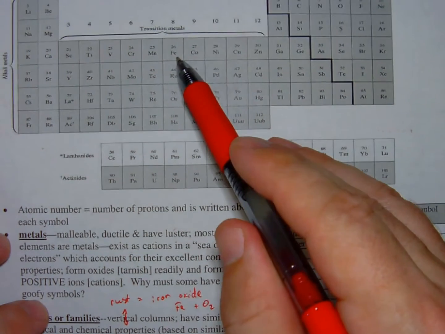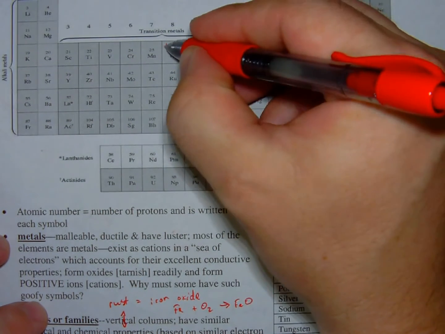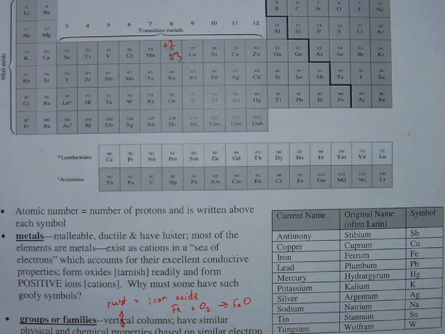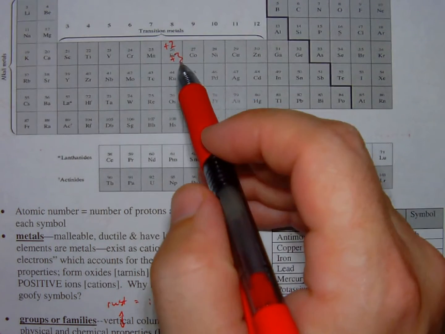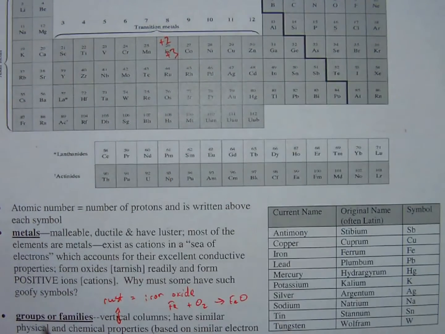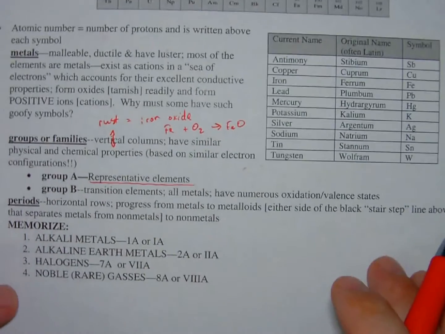Iron, for example, can form a +2 or a +3 based on what orbitals are available within its electron configuration. But there's no way to know which charge an iron atom is going to form just by looking at the iron itself. They can form multiple.